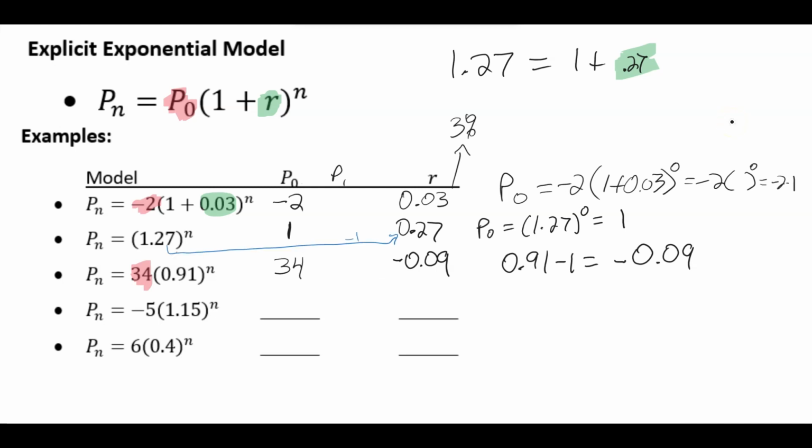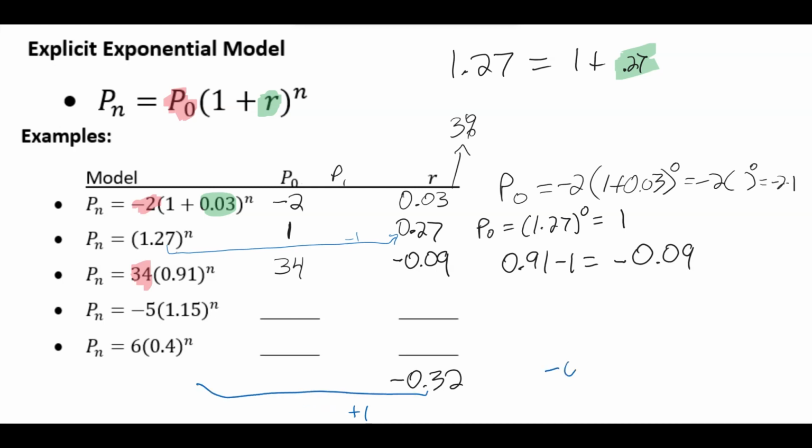Now, before you pause the video and do the last ones, I want to demonstrate that if you're given information, for example, if we had negative 0.32 for the rate, we've seen that you can subtract 1 to go from the formula to the rate. You can add 1 to go from the rate to the formula.